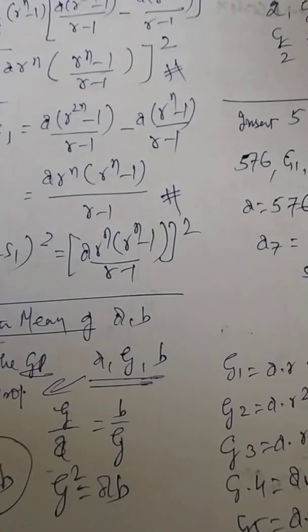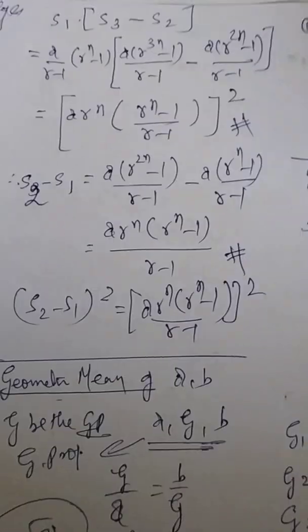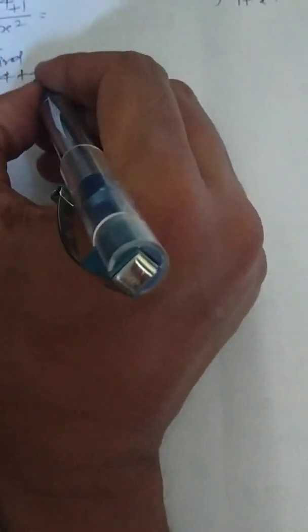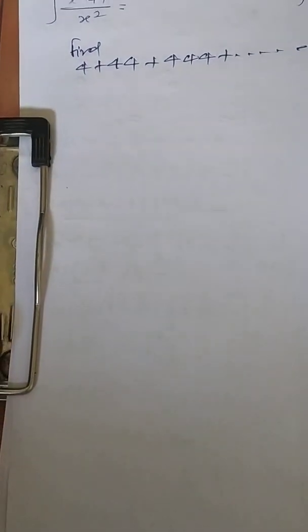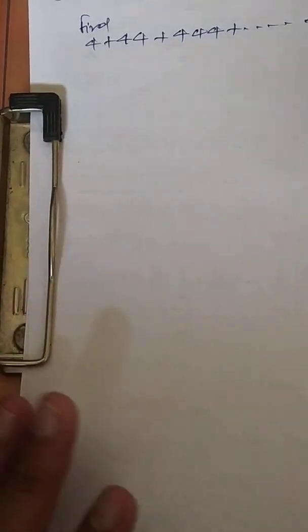Okay, so let me conclude this concept by solving one question. The question is like this: find out the sum of 4 plus 44 plus 444 and so on. Now if you look at the question, the problem is not in arithmetic progression, is not in geometric progression.